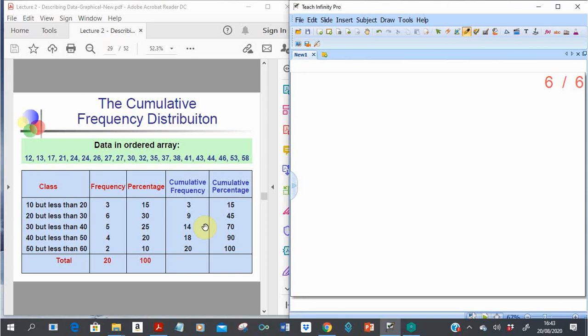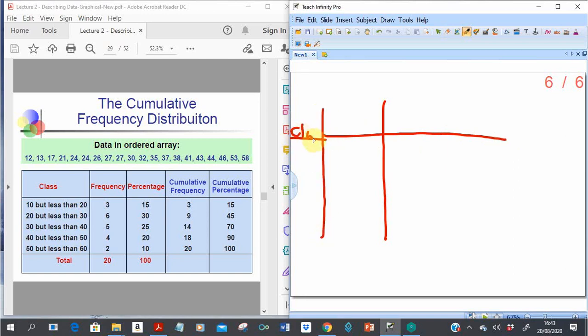For the first class, the frequency will also be the cumulative frequency. So we have the classes there. We have the first class.